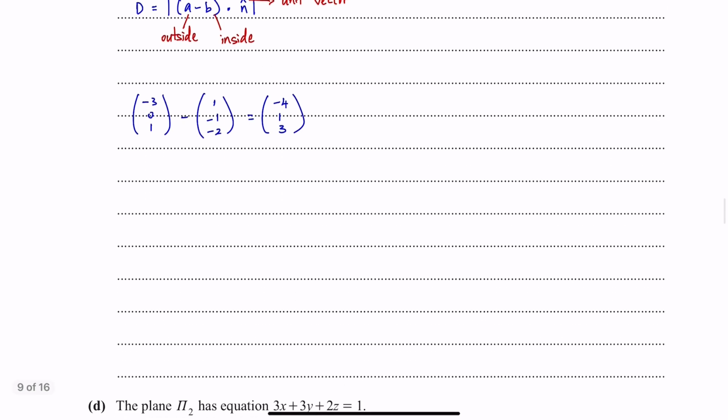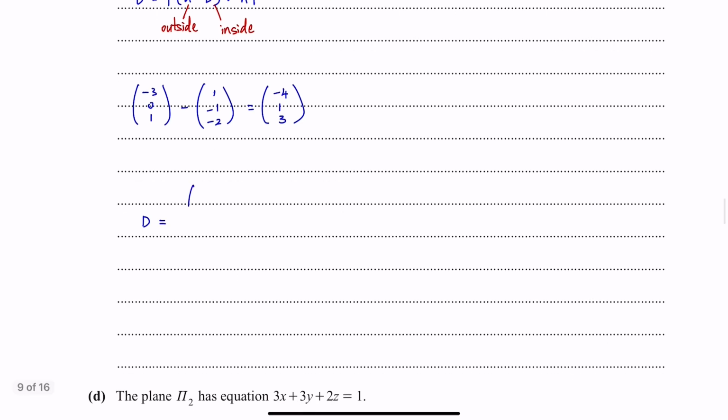So now we just sub it back into the formula. So we get (-4, 1, 3) dot product with n, and we want the unit vector, so you need to divide by this, and modulus it.